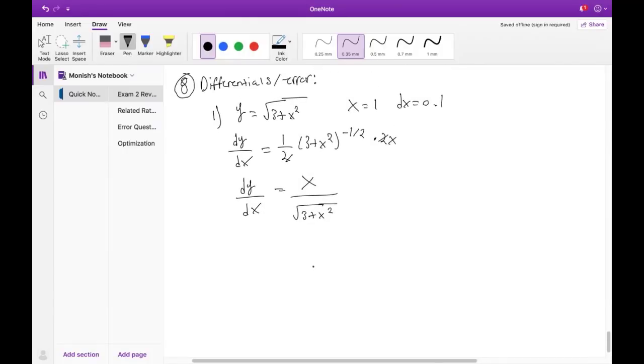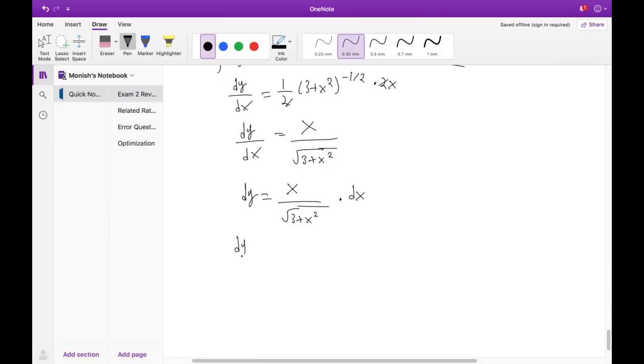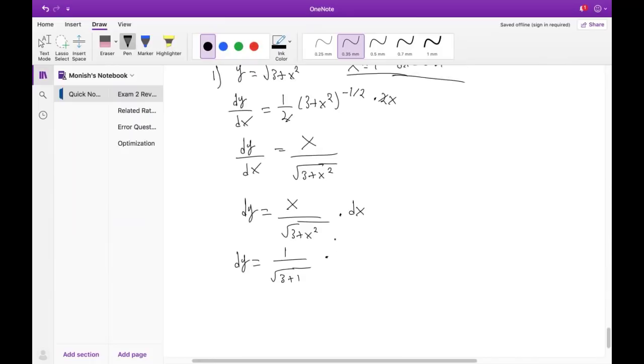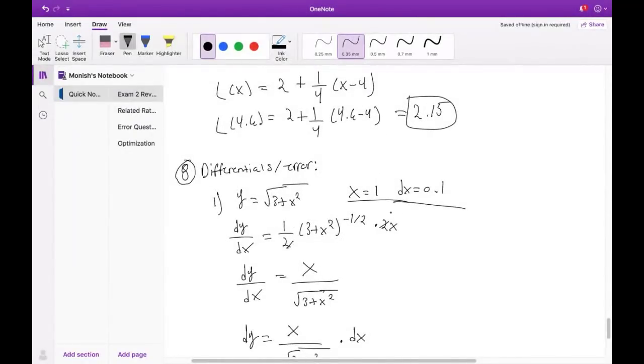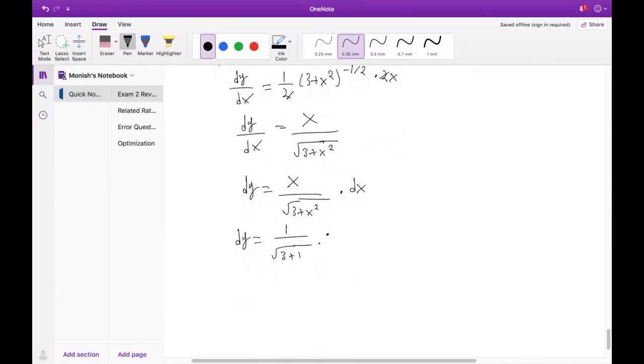And then the last thing you're going to have to do for these types of problems is just isolate dy. So x over the square root of 3 plus x squared, and then move your dx to the right side. And we know that x is 1 and dx is 0.1. So if I plug in everything and solve for dy, I get 1 over 3 plus 1 times, oh, the differential is negative 0.1, sorry.